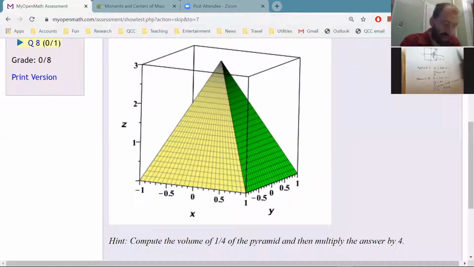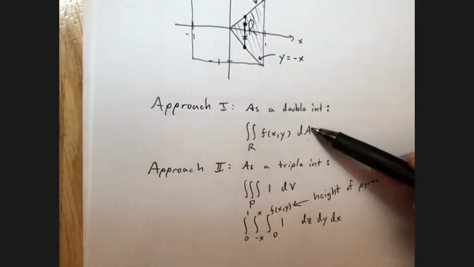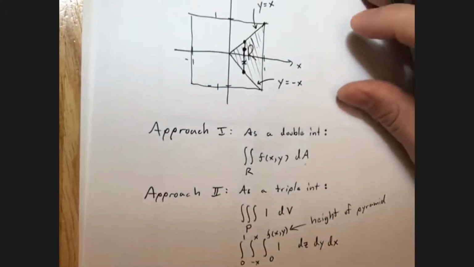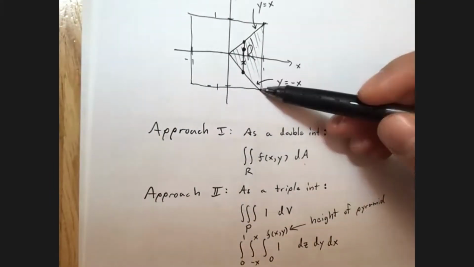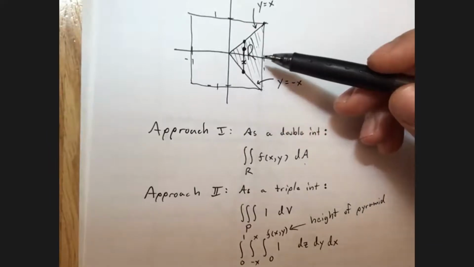Now, one of the questions that was asked here was, let me go back to the sheet. When you do this integral, can you just use the area of this region using the formula 1/2 base times height for the area of a triangle?